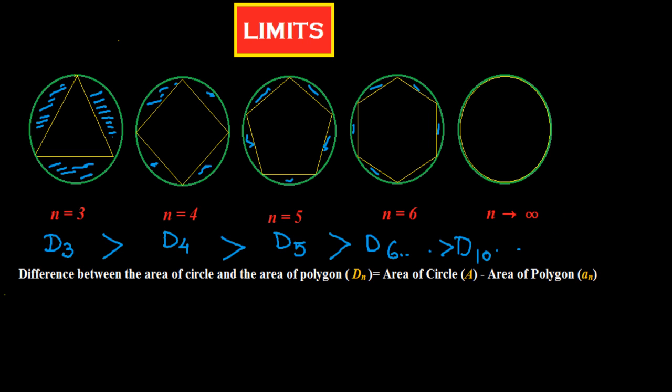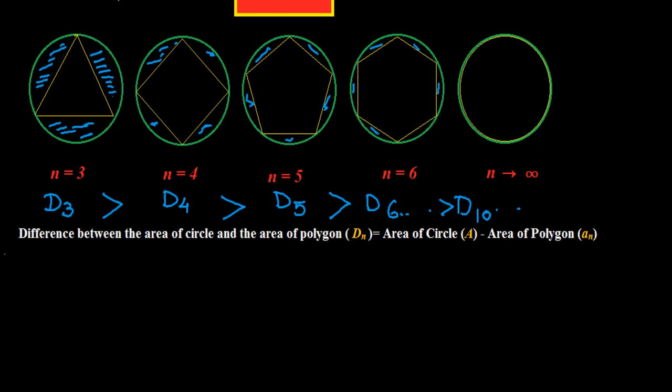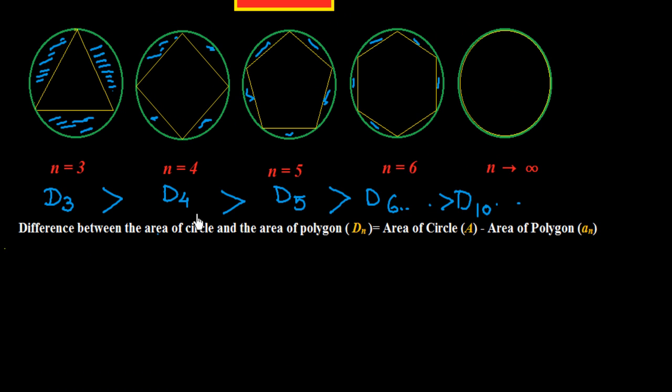Here I would like to explain the limit. It's a very nice way to explain it. So the limit as n tends to infinity of the difference d n: if we put infinity, we get 0.